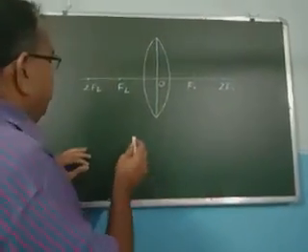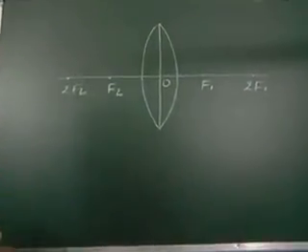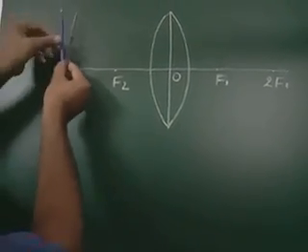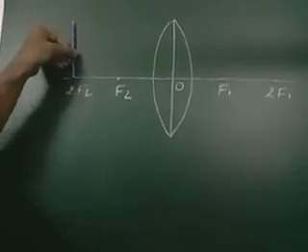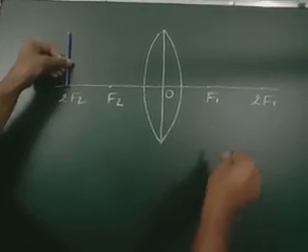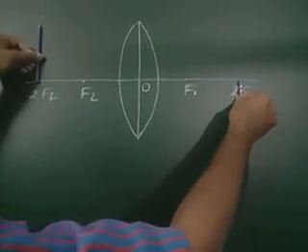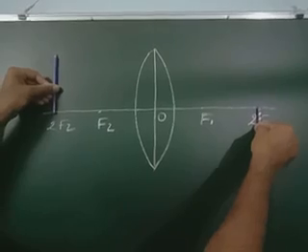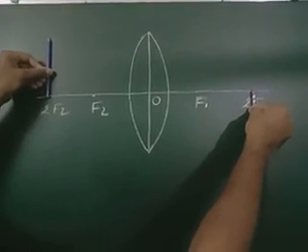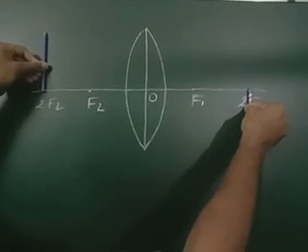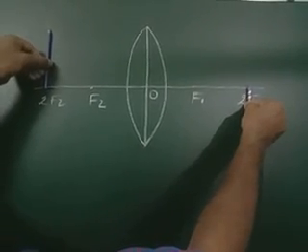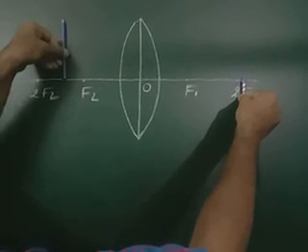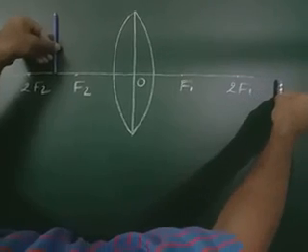See, if any object is placed at 2f, then always the image will also be formed at 2f. Then the size of the object and size of the image will be the same. As soon as we move the object in between f and 2f, the image will be beyond the 2f.